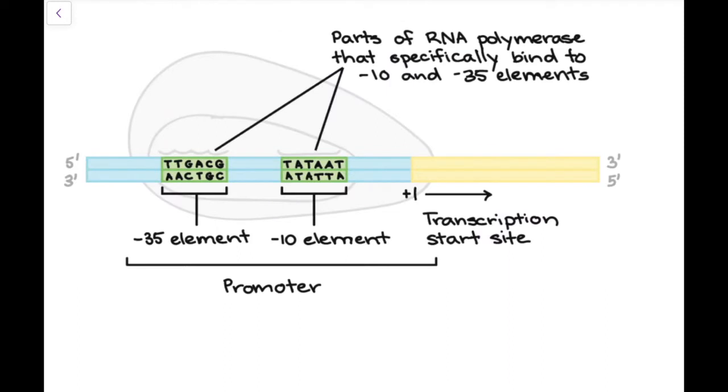And those sequences are quite often, in quite a lot of genes, you can see they've called it the TATA box. So we get this repeated sequence, and this up here, TTG, ACG, we get these two sequences which are there at the start of a lot of genes. And those sequences, that's what it recognizes, and it goes and binds there before it starts.